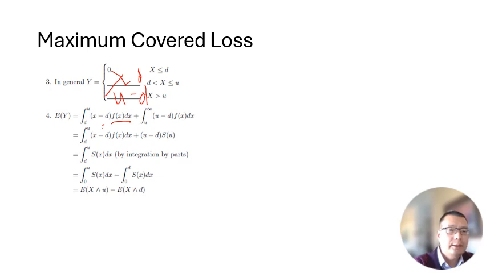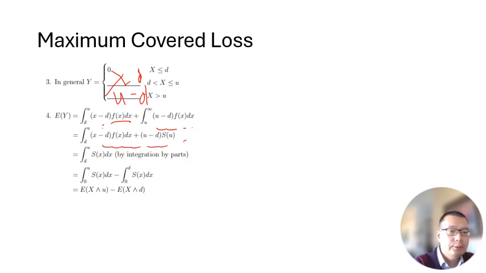When X is greater than U, your payment will just be U minus D, but you also need to use the probability density function to integrate that. So this can be further written as this one.